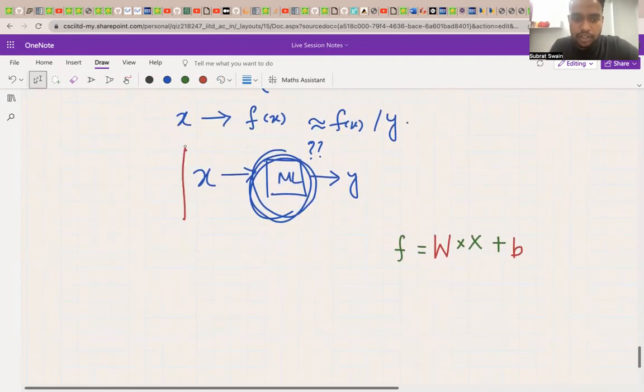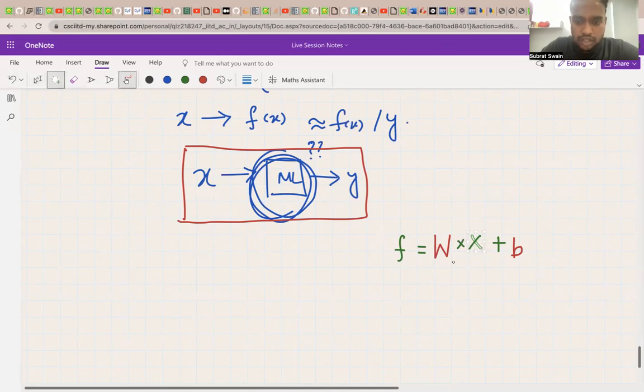So we are basically solving this one. This is the function.